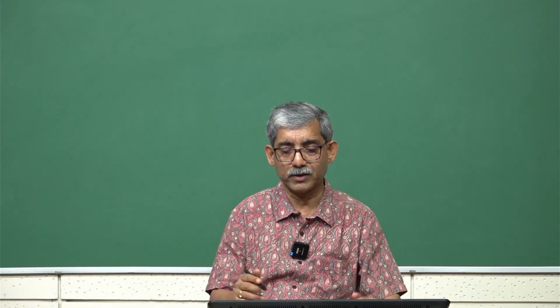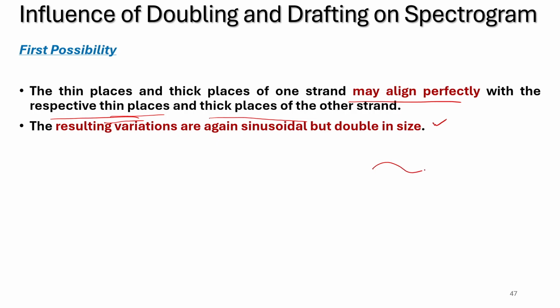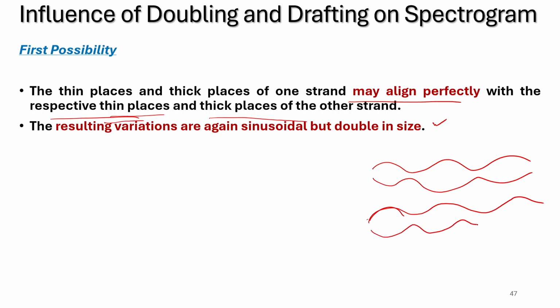Now, let us see, this is one strand and the next strand is this one. So, this thin place is aligned with this thin place, and thick place is aligned with this thick place.